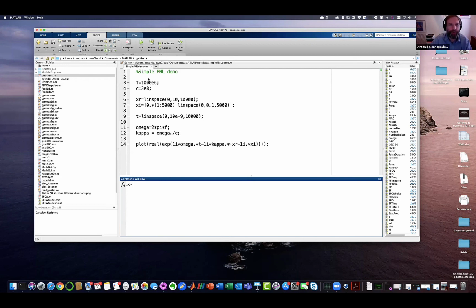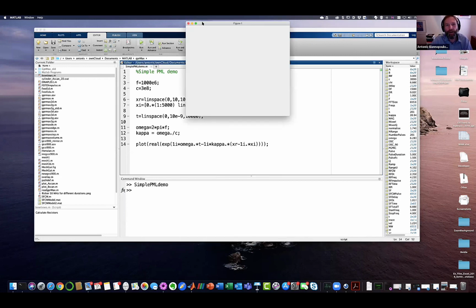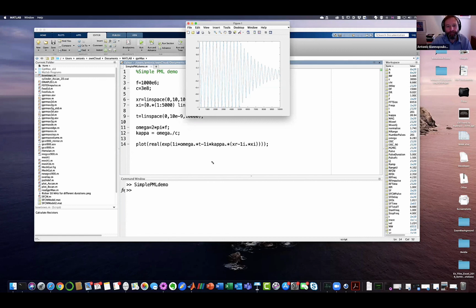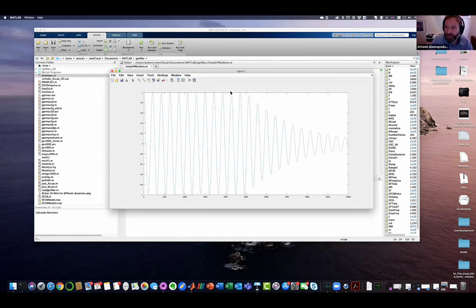If I plot this and run it, I think you see the plot, yeah? You see that you have an oscillating solution, which is what's supposed to be. And when the complex spatial coordinate comes in, this solution attenuates.